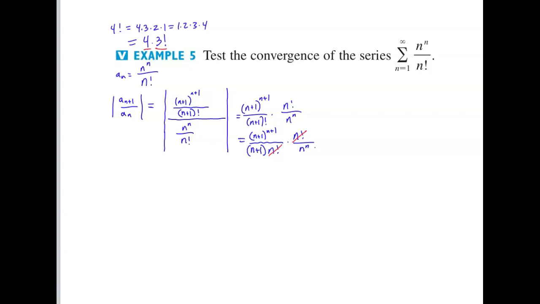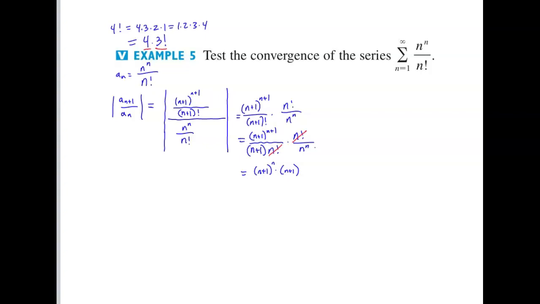Now again, (n+1)^(n+1), can't I just rewrite that using the product of powers rule as (n+1)^n times (n+1)? Do you agree that's the same as (n+1)^(n+1)?